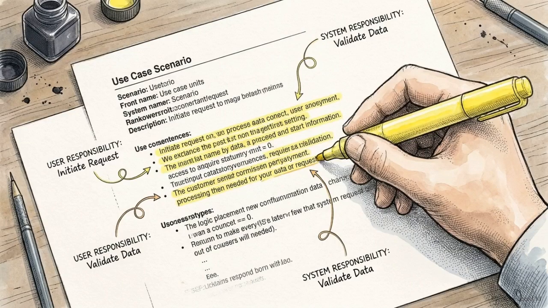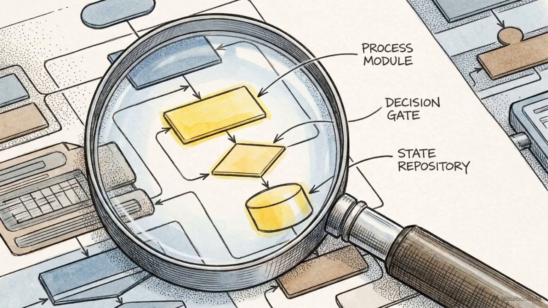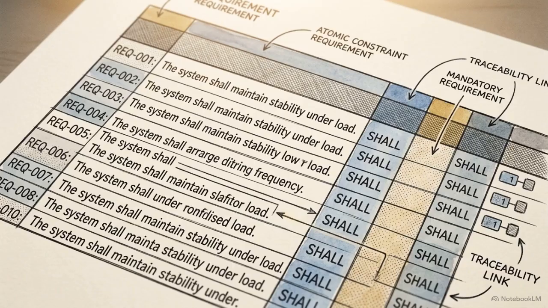These narrative scenarios are then mined for explicit responsibilities. Every single time the text describes the system performing an action, evaluating a decision, or changing its operational state, that moment is extracted. Each extracted moment is reformatted into a rigid structural rule. They must be written as atomic, declarative statements anchored by the word shall.